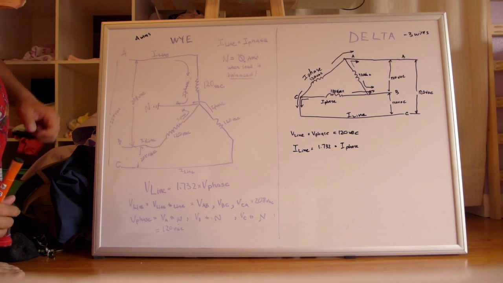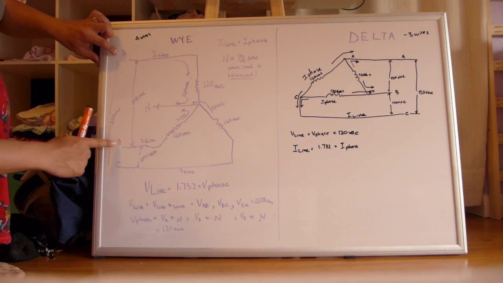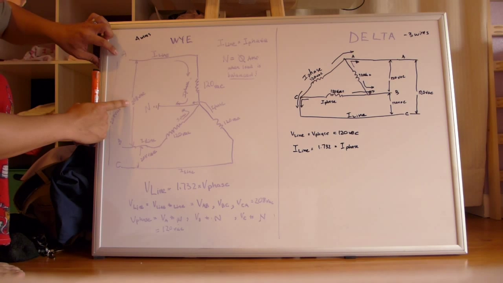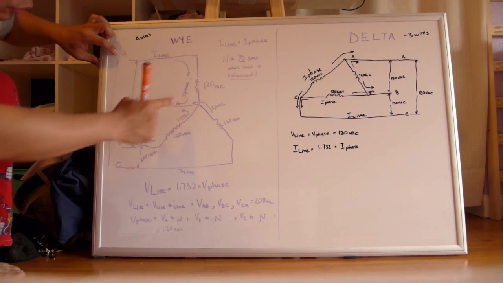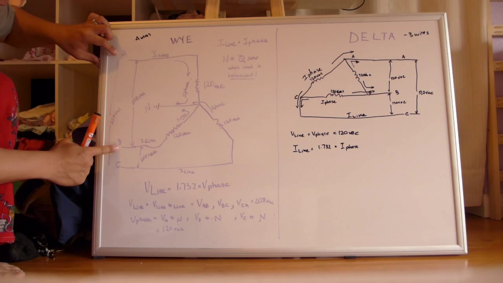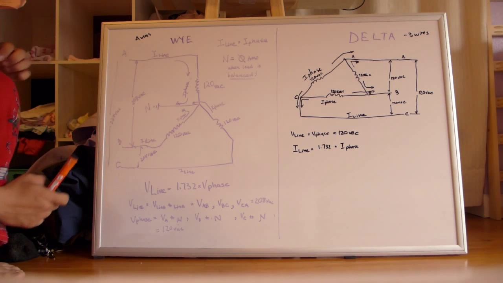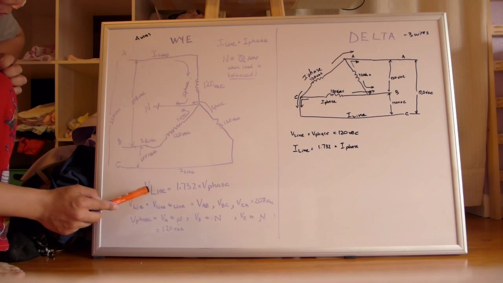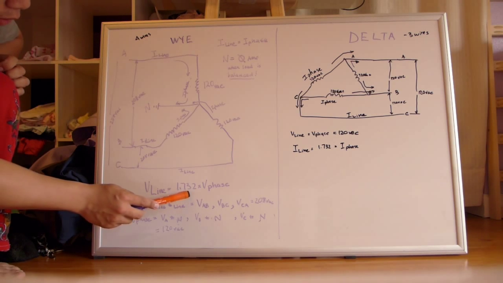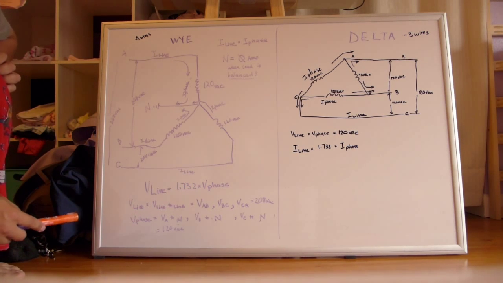From A to B, that is 208 volts compared to 120. The mathematical formula is V line is equal to 1.732 times V phase.